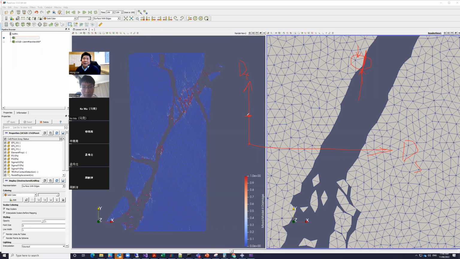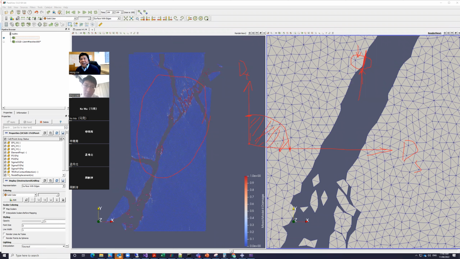Only in these cases do we regard the failure as tension or shear. For the other cases, the majority is located inside this region, and we regard that as mixed mode. This explains why the majority of failure is mixed mode.